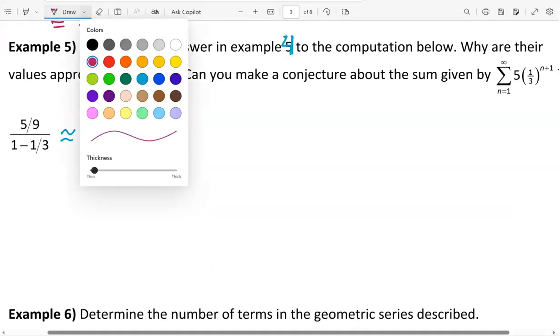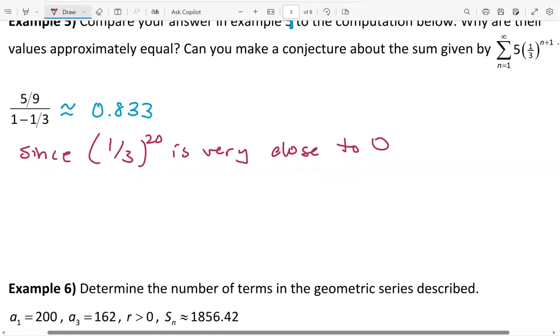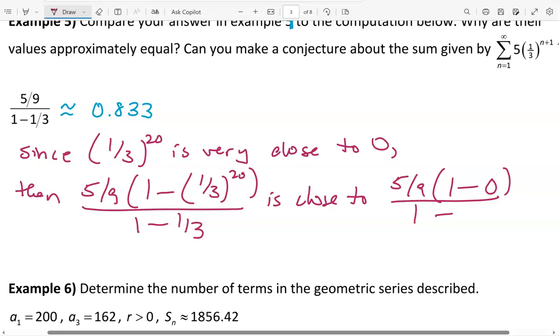So, since 1/3 raised to the 20th power is very close to 0, then 5/9 times (1 minus 1/3 raised to the 20th power) over (1 minus 1/3) will be close to 5/9 times (1 minus 0) over (1 minus 1/3).